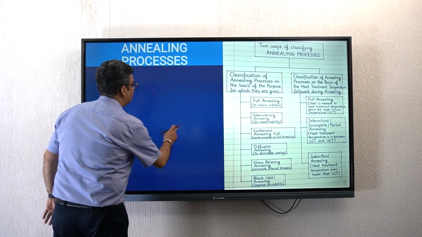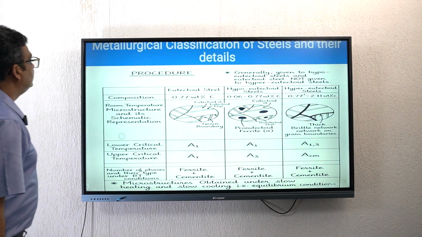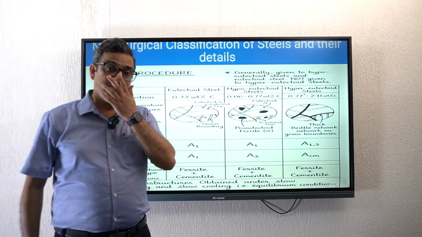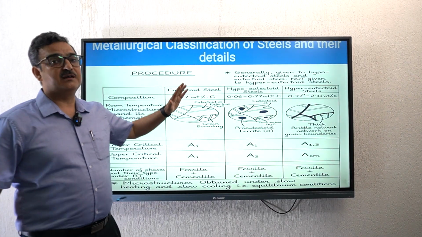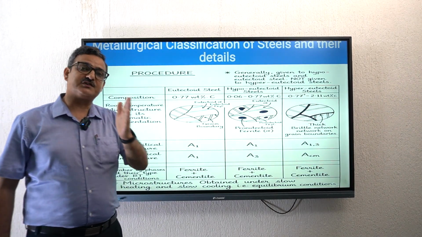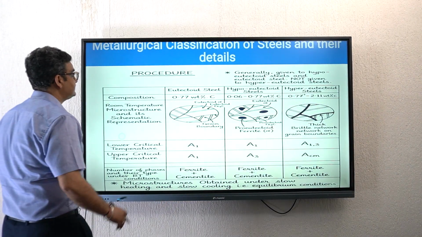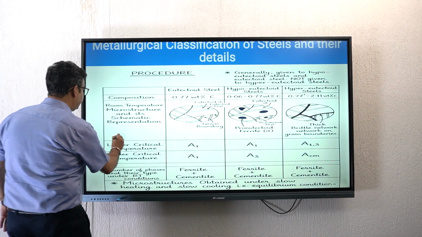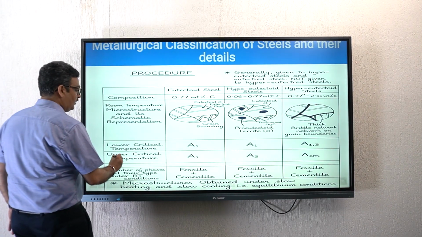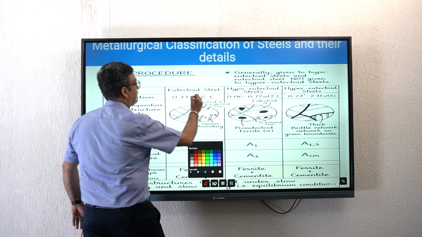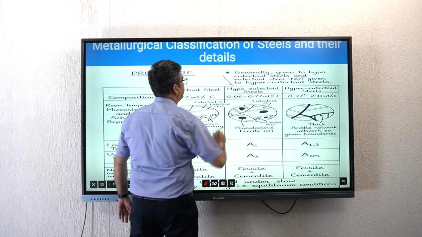Okay. Now, before I start discussing full annealing with you, it's very important that I take you back again to the main categories of the steel on a metallurgical basis. On the metallurgical basis, we have these three categories of steels, students. One is called hypoeutectoid steels.